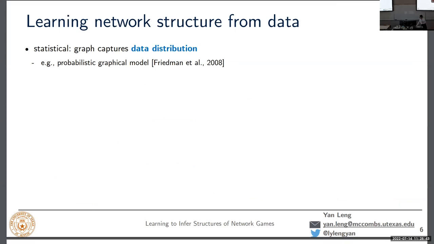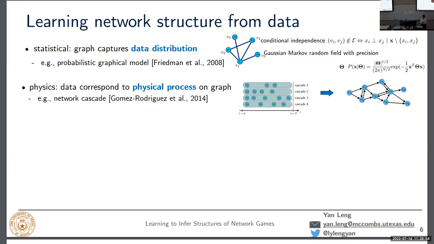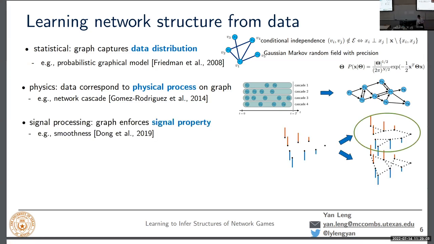The first group is statistical modeling. We could use the graph to capture the data distribution, and we maximize the data likelihood to get the precision matrix. There are also some physics studies that use some physical process, for example, diffusion cascades, to infer the underlying relationship. The third group is signal processing.